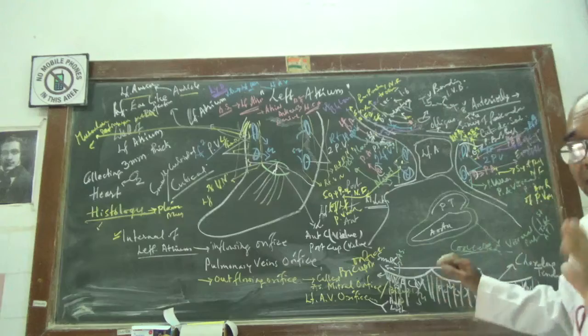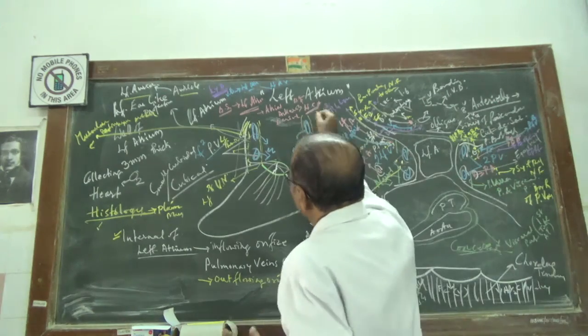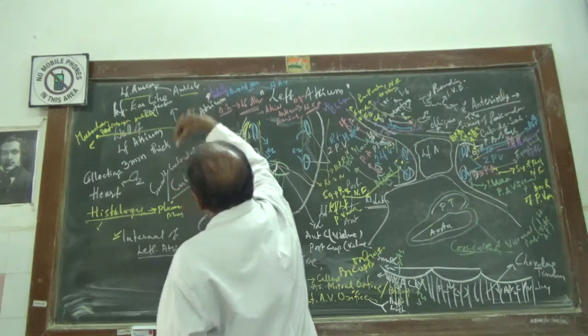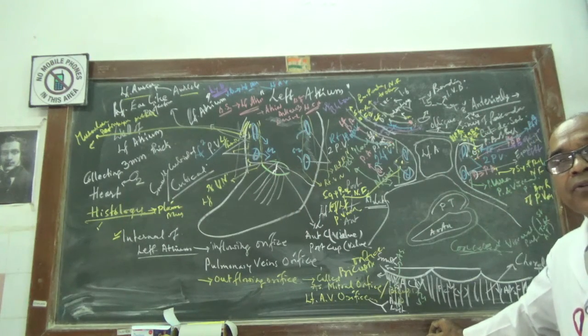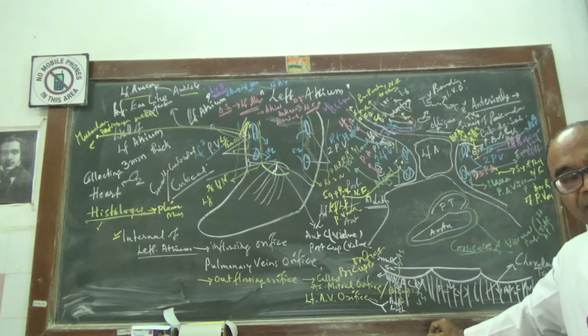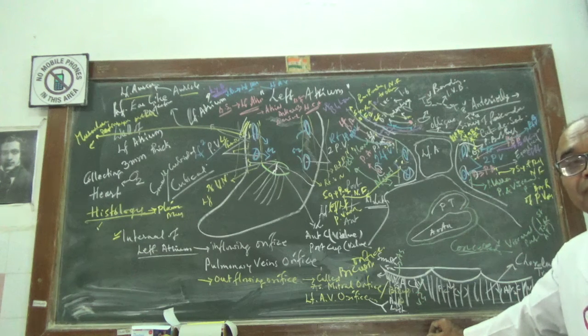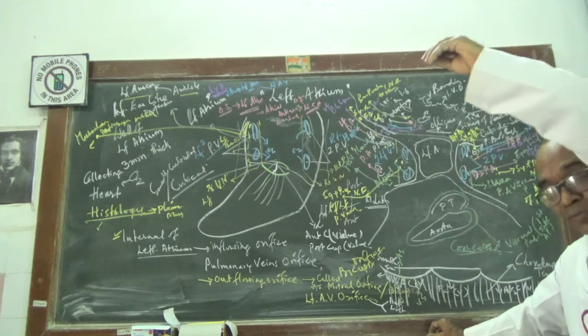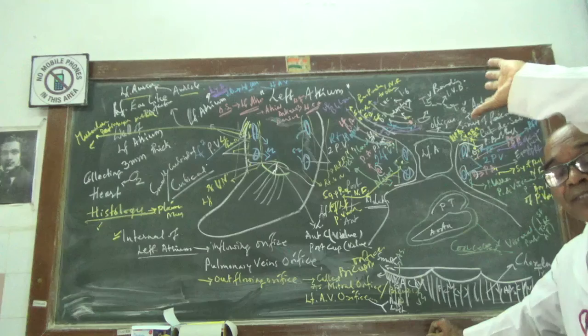So this is the entire thing: the lymphatic drainage of the left atrium, how that lymph goes, mixing with the deoxygenated blood, and then enters the right atrium. That is the thing in general.